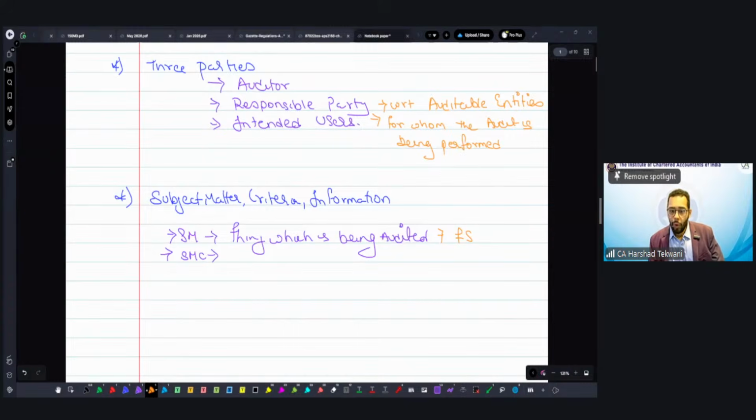What is the criteria when I talk about subject matter criteria? Asset liability? No. True and fair view? No. I'm talking about criteria.